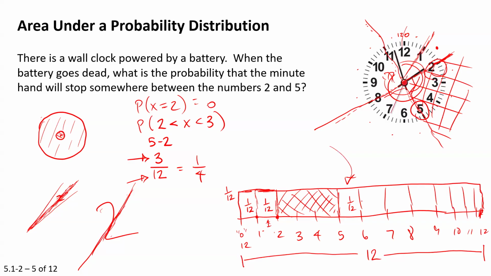The area underneath this thing, total area, equals 1. Always, always, always. And so if the width of this rectangle is 12, and the area of the whole thing has to be equal to 1, then what does the height of this rectangle have to be? 1/12, because 12 times 1/12 is equal to 1. Does that make sense?